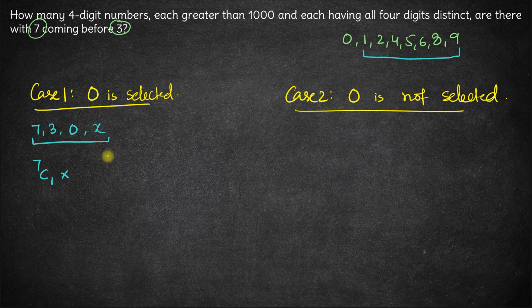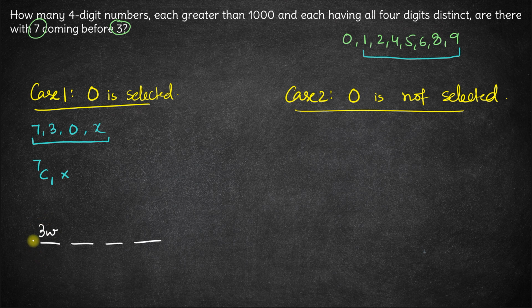So let's do one thing. Let's arrange all these digits to form a 4-digit number. Right now I'm not considering the 7-before-3 condition, I'm just making all the possible numbers. The leftmost digit can be filled by either 7, 3 or the digit chosen, so this can be done in 3 ways.